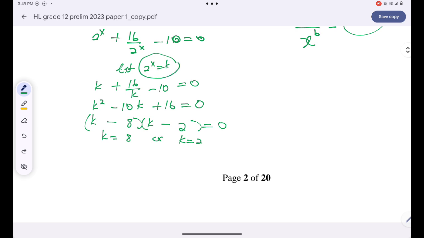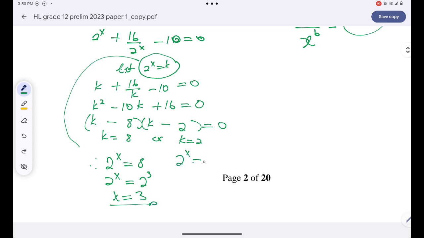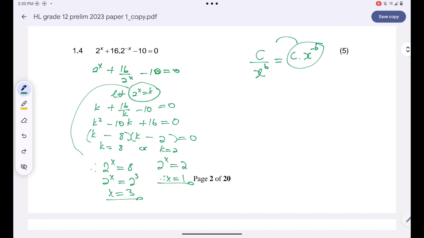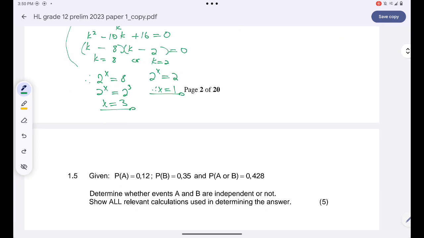So whenever I come across k, I'll substitute back 2 to the power x. So therefore, 2 to the x is equal to 8, then 2 to the x is equal to 2 cubed, then x is equal to 3. Another one, 2 to the x is equal to 2, therefore x is equal to 1. So these are my two solutions of this particular equation.